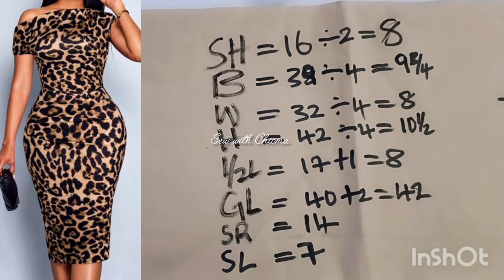Okay, so having gotten this as our calculation, I did not add any sewing allowance. If you're dealing with stretchy fabrics, you need to know how to go about your sewing allowance. I did not add any sewing allowance.